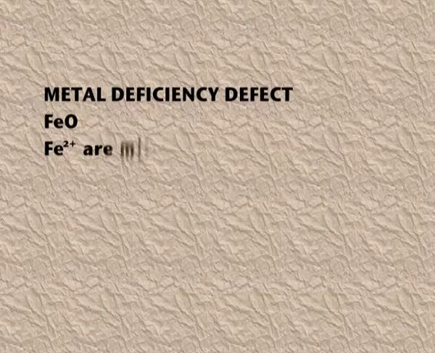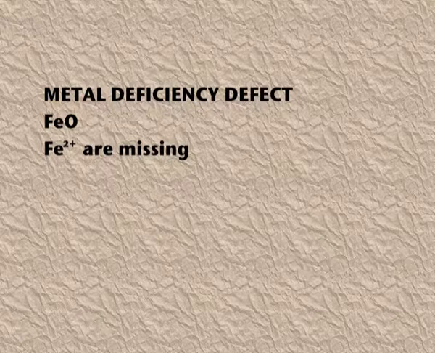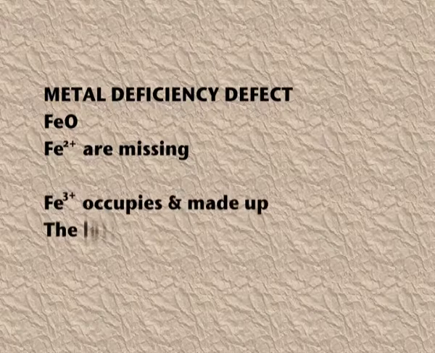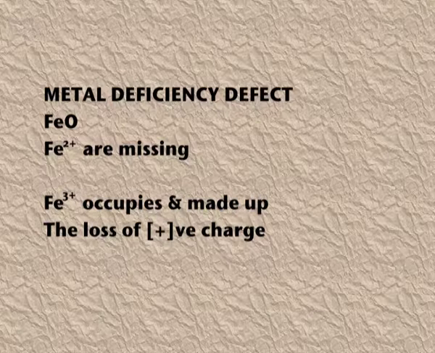Now, the metal deficiency defect. There are many compounds which are not possible to prepare in the stoichiometric ratio. For example, FeO. In FeO, many Fe2+ ions are missing, and to maintain the positive charge, Fe3+ ions occupy the crystal.